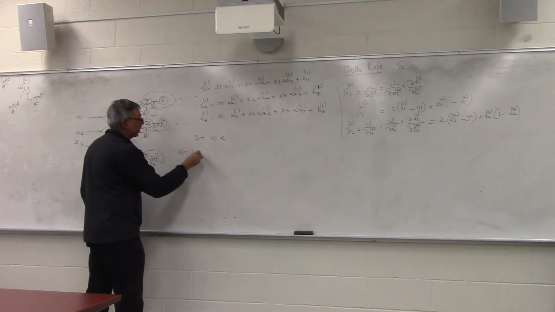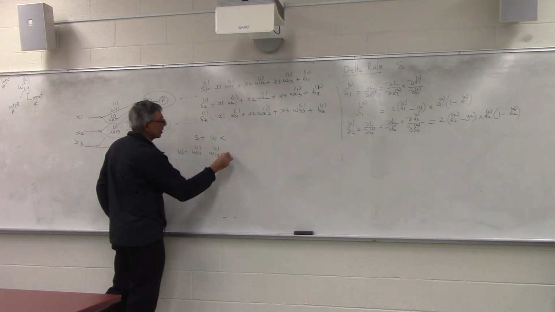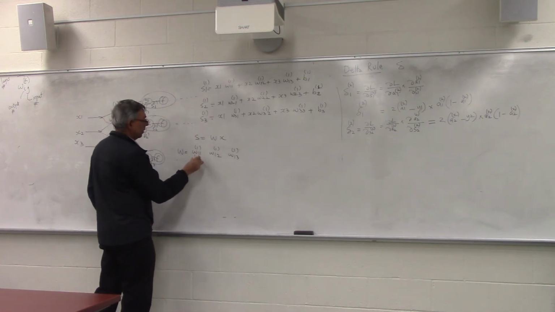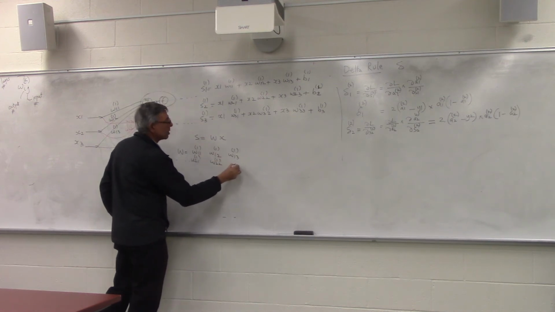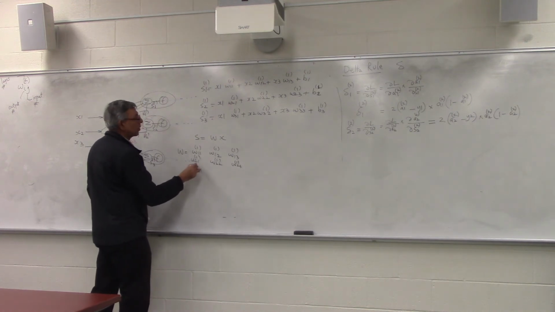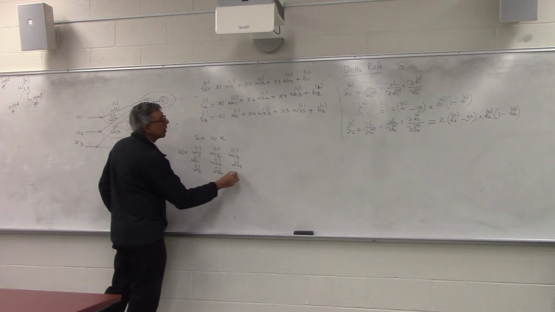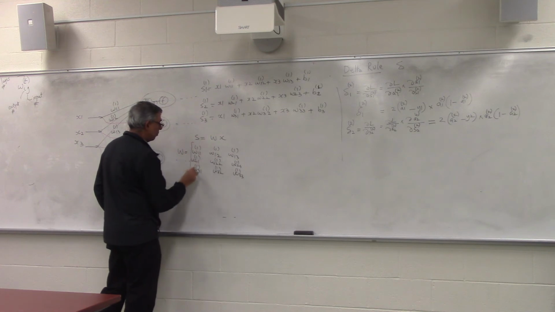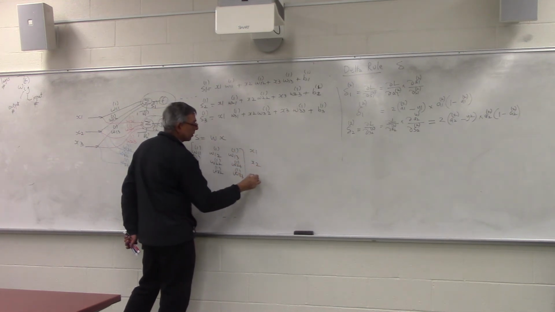W is W11 of 1, W12 of 1, W13 of 1, W21 of 1, W22 of 1, W23 of 1, W31 of 1, W32 of 1, W33 of 1. And X is the vector x1, x2, x3.